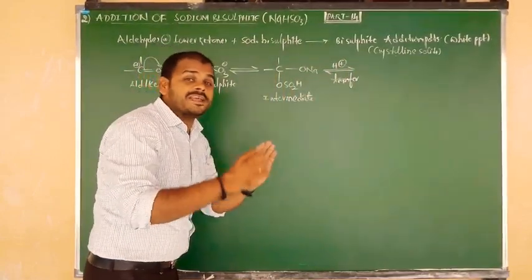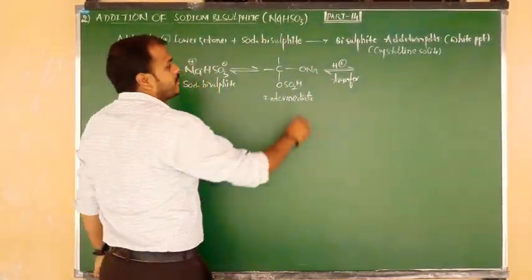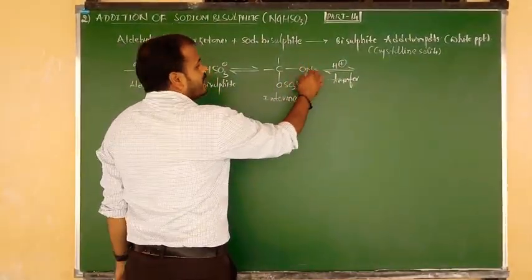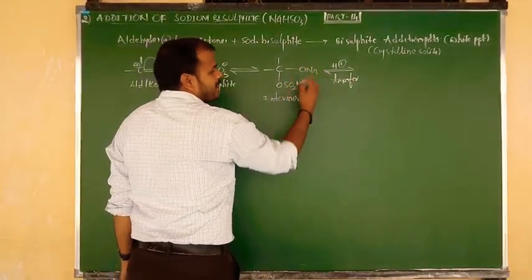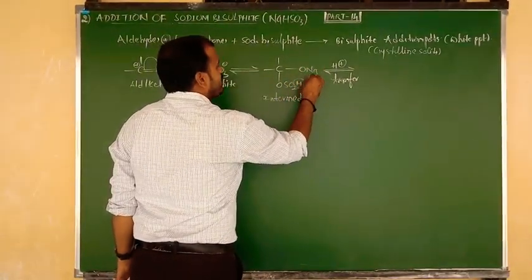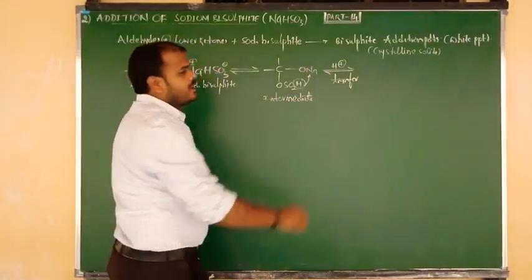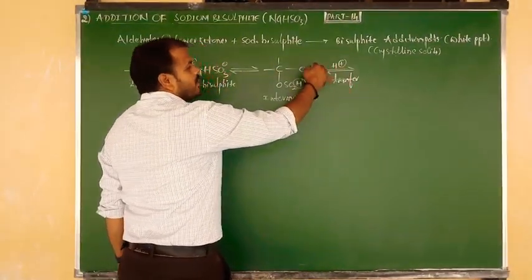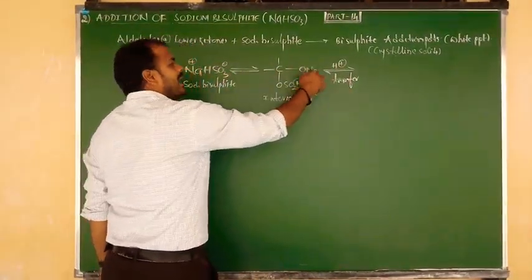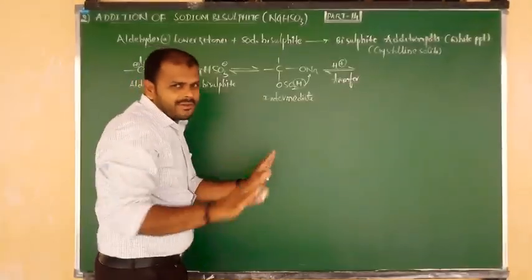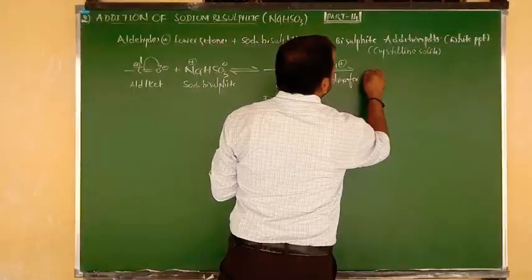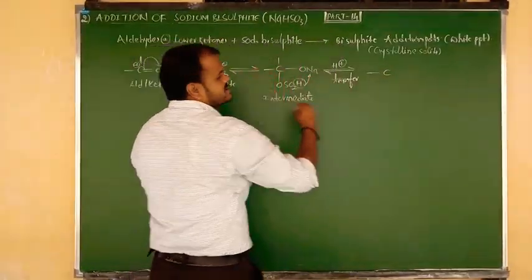So how is proton transfer occurring? Listen carefully. O is connected to Na. The Na position is taken by H, and the H position is taken by Na. So this hydrogen is transferred like this. Remaining everything will be the same. Carbon is connected to 2 bonds.